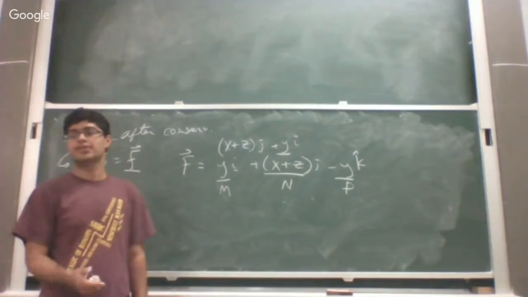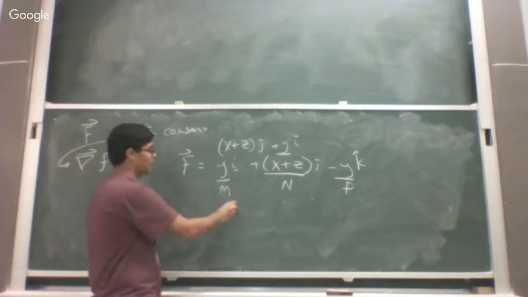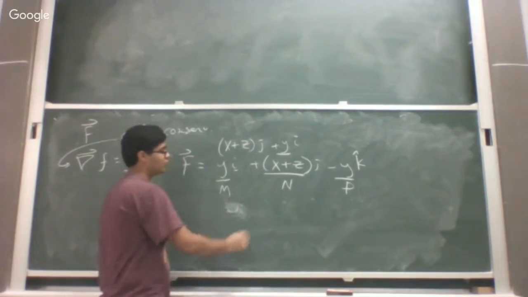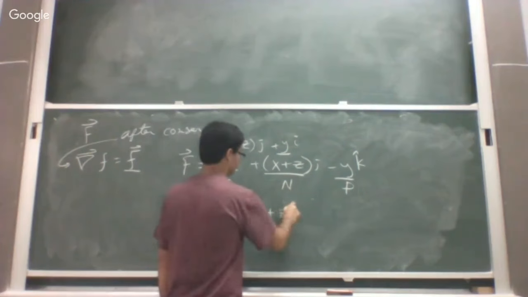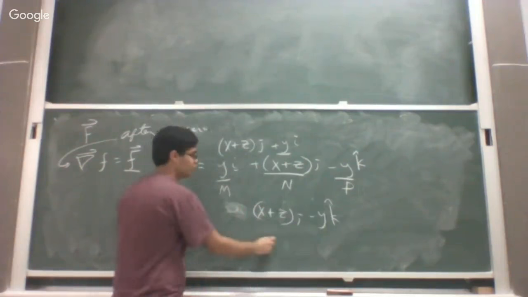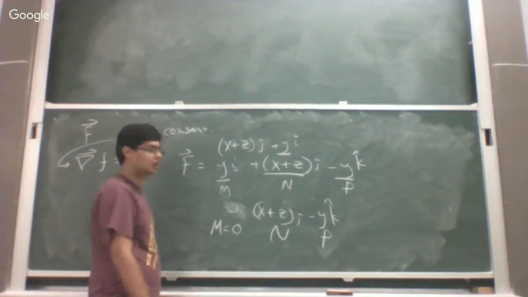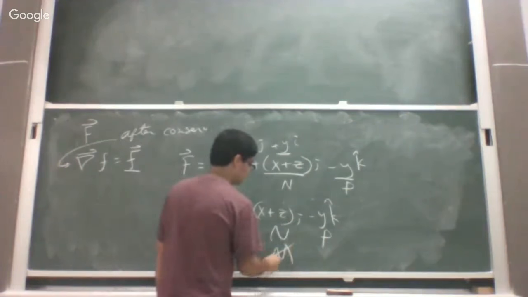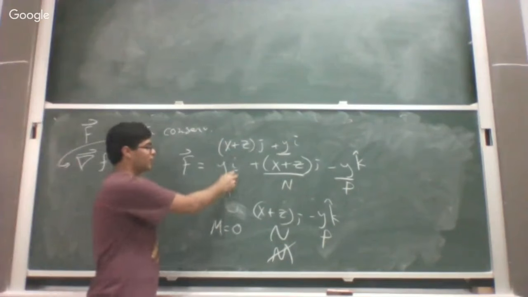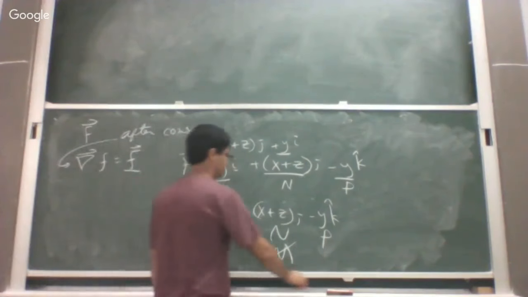Sometimes they might have 0i, but they don't show that. So they have (x plus z)j minus yk. This is still your N, this is still your P, and your M is just equal to 0. So don't just always go M and P. Look at which is in front of the i. Good?